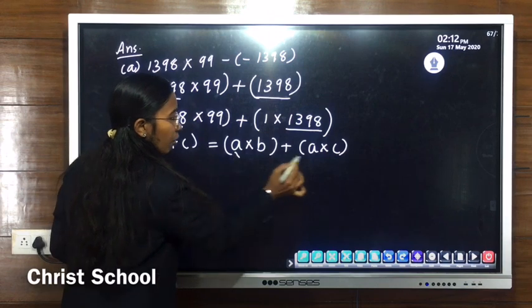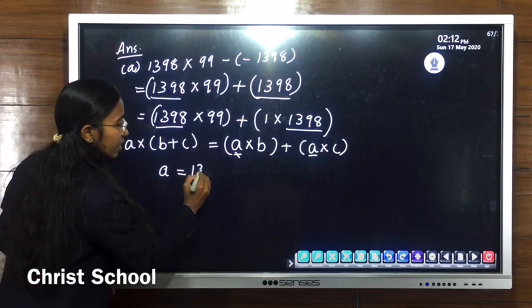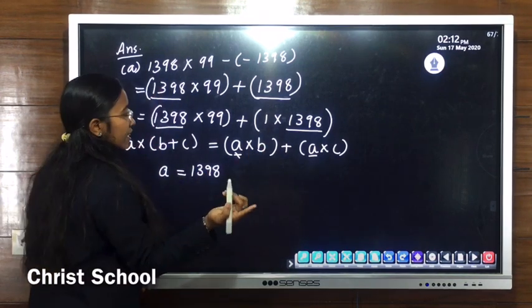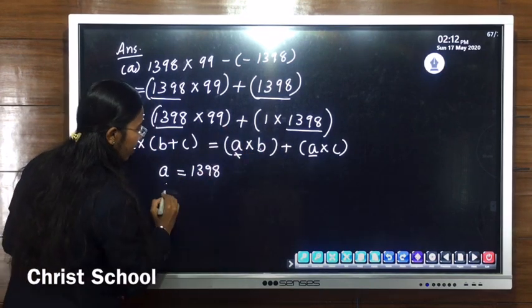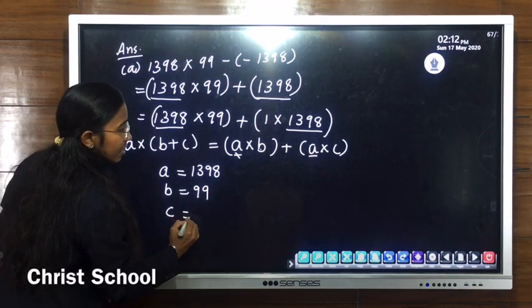Here A is common. So at the place of A here 1398, and B and C, two integers are there. Here B is 99 and C is 1.